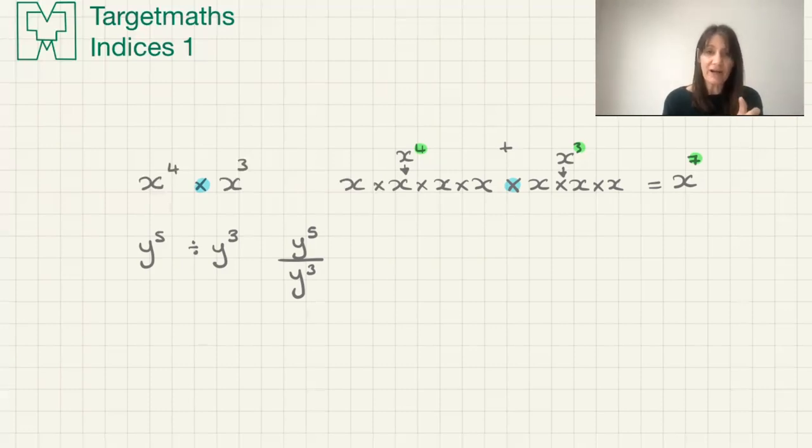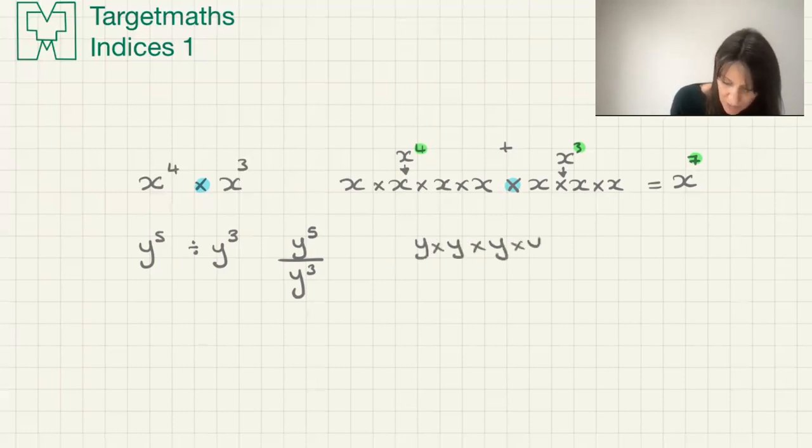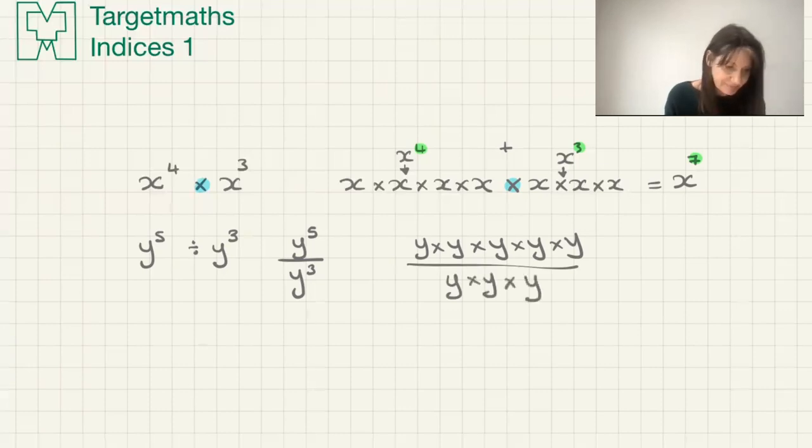Now, y to the 5 doesn't change its meaning because it's a divide question. It means multiply y by itself 5 times. So y times y times y times y times y is the top of my fraction. The bottom is y times y times y. And then when you've got a matching number, top and bottom, you can cross them off. You can kind of cancel them out.